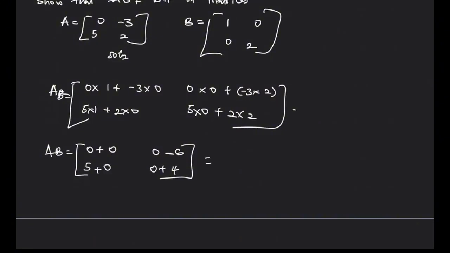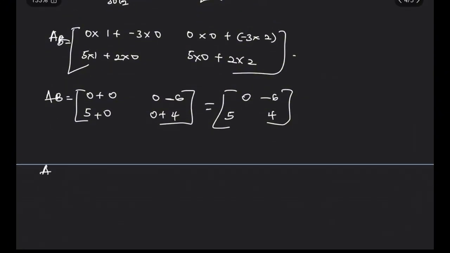So that means AB simply means 0 plus 0 is 0, and 0 minus 6 is still minus 6. 5 plus 0 is 5, and 0 plus 4 is 4. So in this case, we know that our AB is 0, minus 6, 5, and 4.